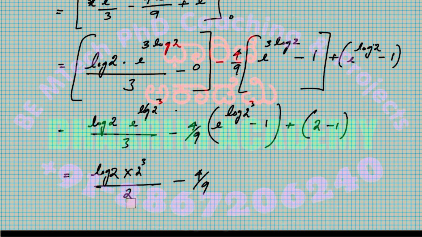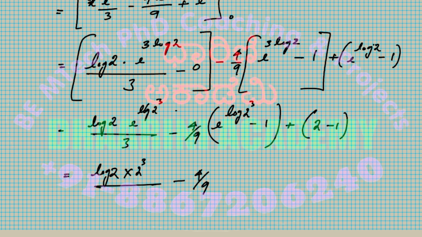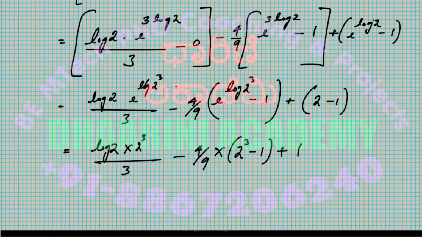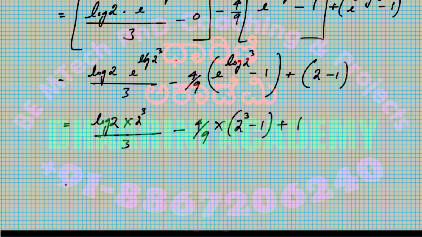Yes, I'm correct. So this is 3. 4 by 9 into 2 cube minus 1 plus this is 2 minus 1, that is 1. Okay, right? So let us substitute. This is 2 cube, that is 8. 8 log 2. Anyway, we can substitute the log 2 also, but let's keep this, no problem.